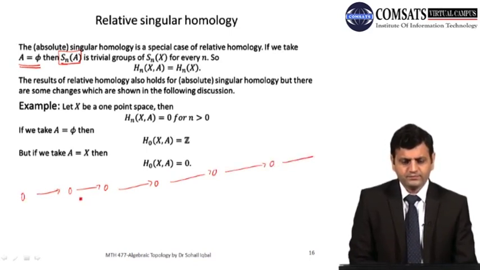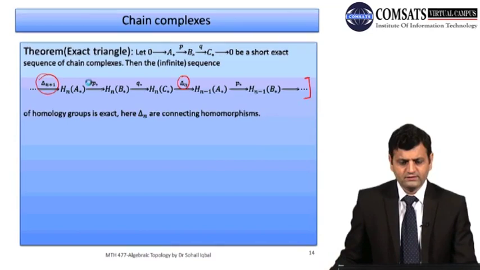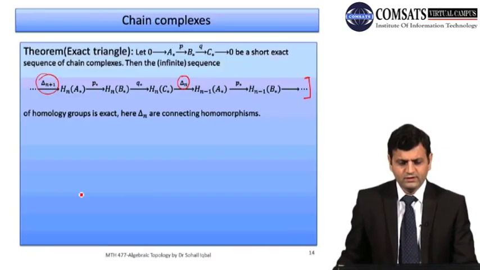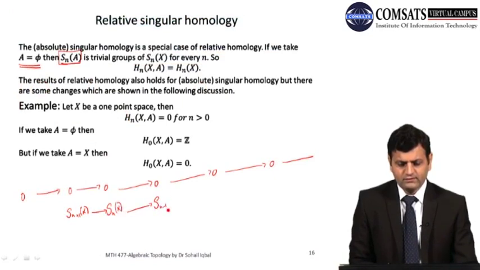And then on the other hand, we also know that from this picture, let's go back and see. From this picture, all the first row is basically 0. So what will happen with the rest of the rows? Let's see. We will have S_{n+1}(X) goes to S_n(X) goes to S_{n-1}(X), S_{n-2}(X), and so on.